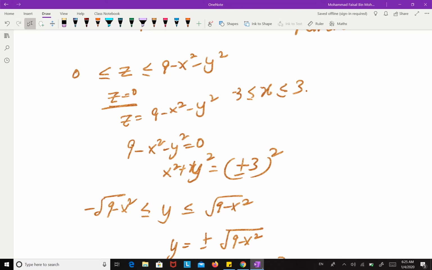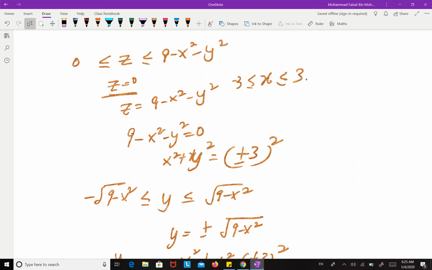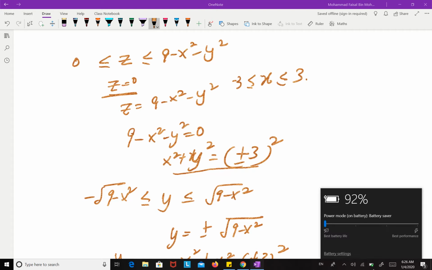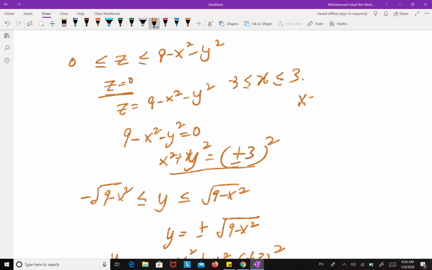How about for z and y? If z equals 0, then you have a circle with radius 3. If x equals 0, you have z equals 9 minus y squared.